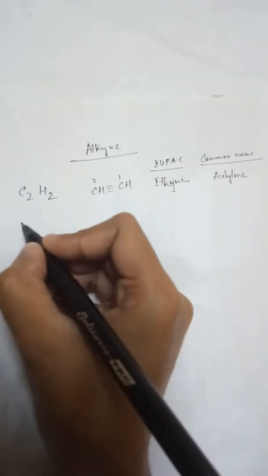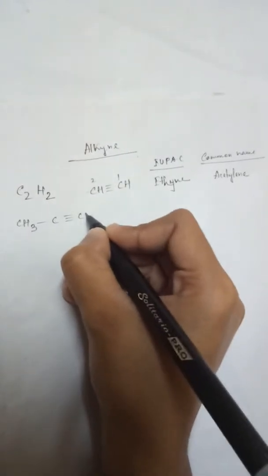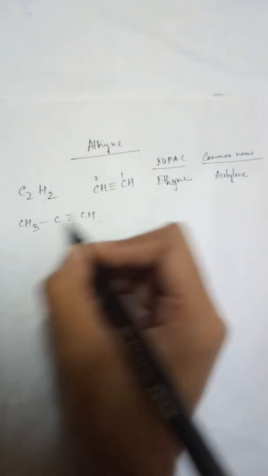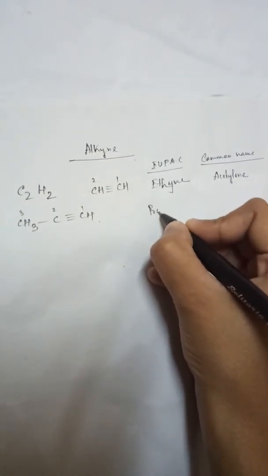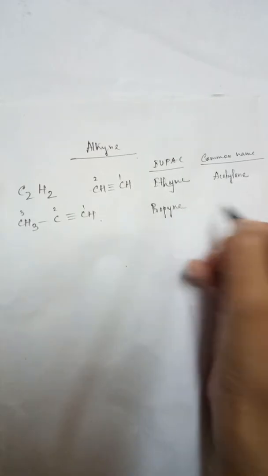Okay, now come to the next example. CH3 C triple bond CH. Here the total number of carbon atoms is 3 in the main chain. So the root name is prop. Alkyne compound, so suffix "-yne", right?